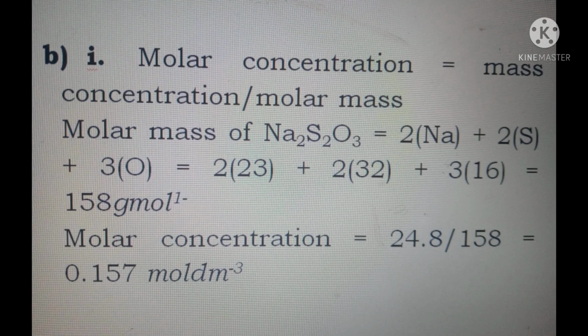And then we find the molar concentration: mass concentration, that is 24.8 as provided in the question, over the molar mass, which is 158 grams per mole. And the answer is 0.157 mole per dm³. It must be presented in 3 significant figures.